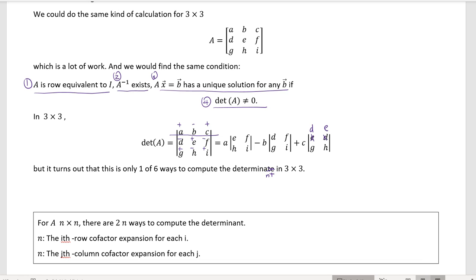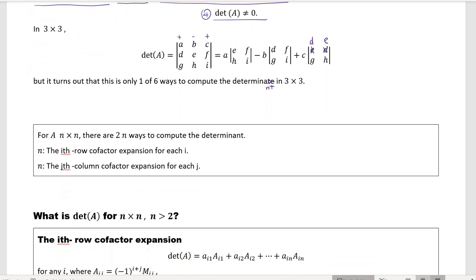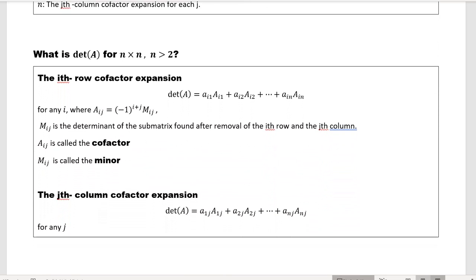And we will do more examples about this. Alright. So that's why for an n by n matrix, there are 2n different ways to compute the determinant. We can choose any row to do the cofactor expansion, and we can choose any column to do the cofactor expansion.